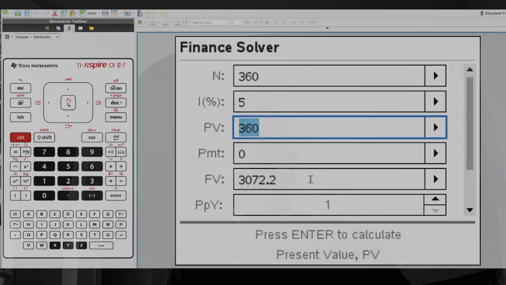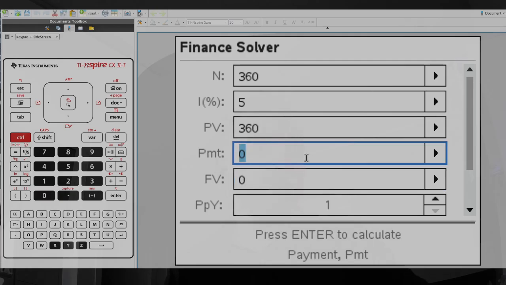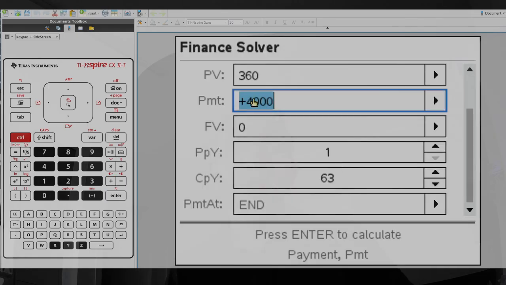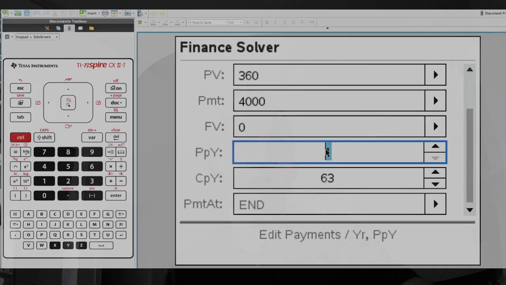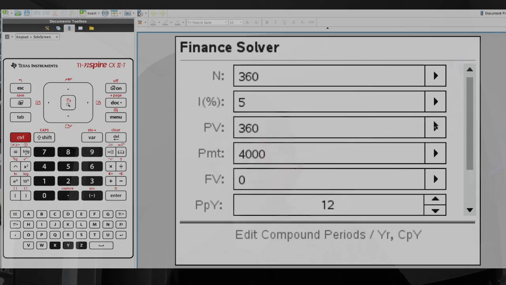Present value is what I want to find. Future value 0. PMT is 4,000. Don't put the plus, because if you put a plus here, you're going to get an error. Let me put this plus to show you that you get a syntax error. So you shouldn't put that plus here. But if it's a minus, you have to put the minus. P/Y is 12 because it's 12 payments a year, and that's it.